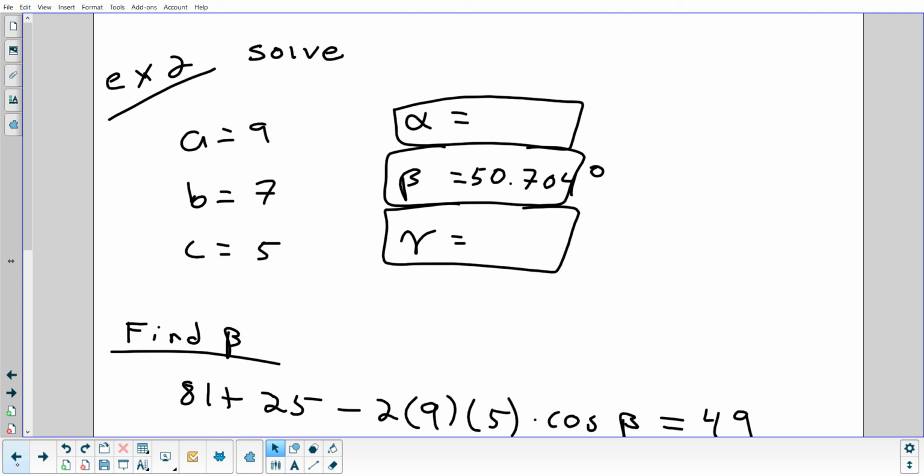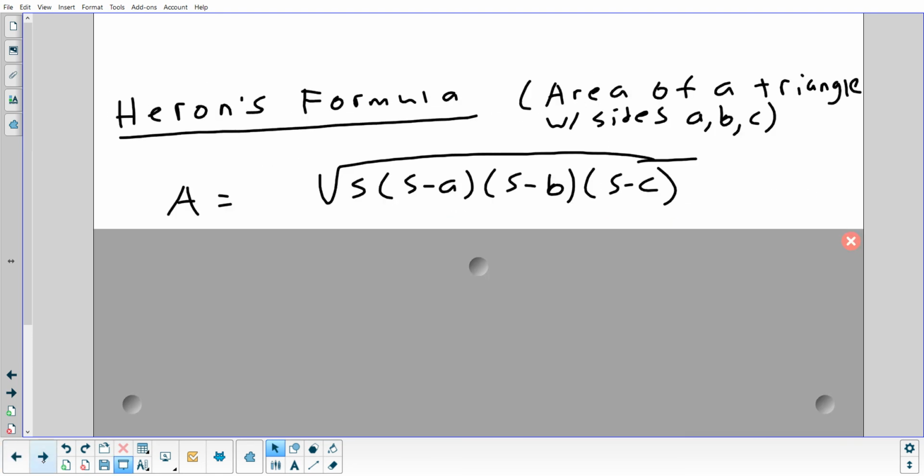The downside is you'd have to do law of cosines one time to get an angle first. If you want to find the area of this triangle and avoid finding any angles altogether, you can. And you can use Heron's formula.